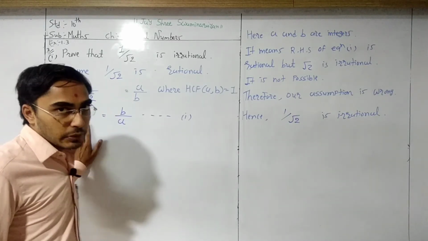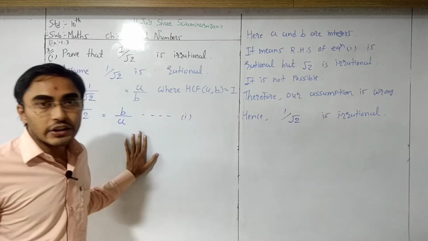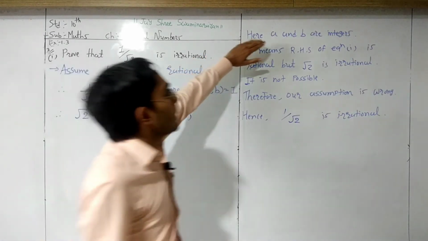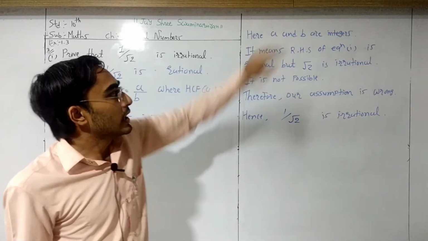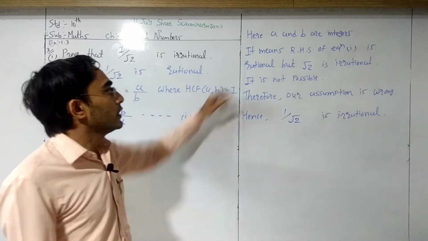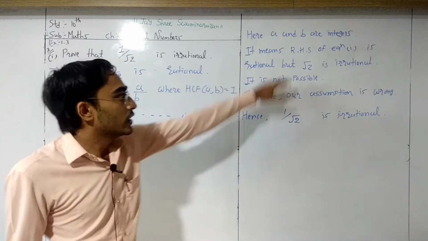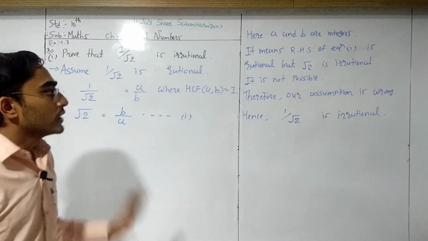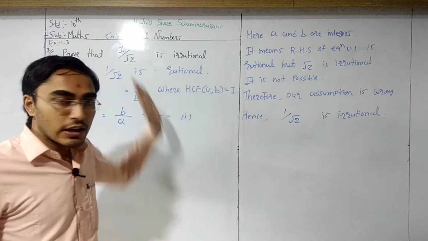It means our left hand side is irrational, right hand side is rational. This is not possible. Okay, so here a and b are integers. It means the right hand side of equation 1 is rational, but under root 2 is irrational. It is not possible. Therefore, our assumption is wrong.